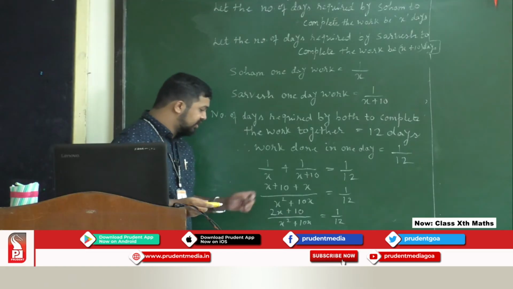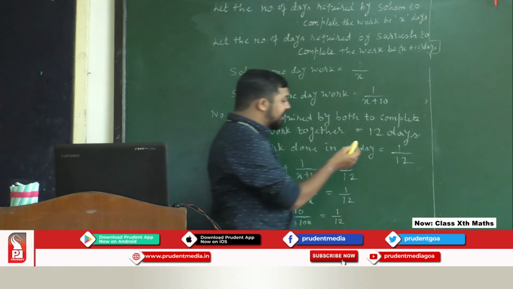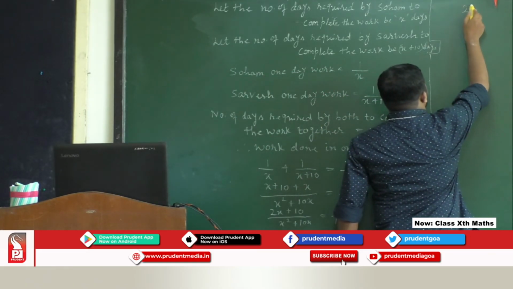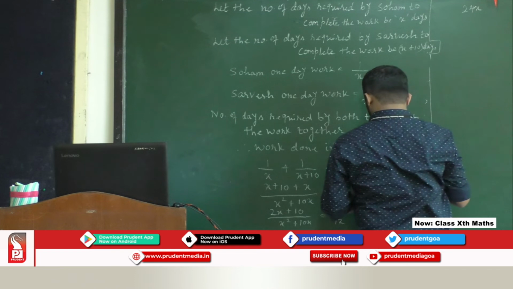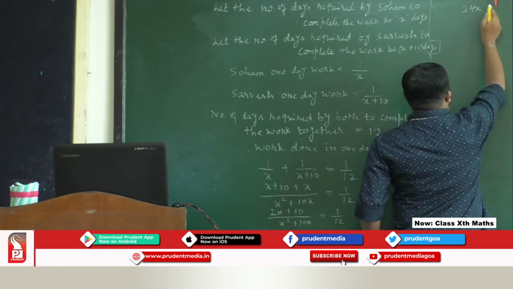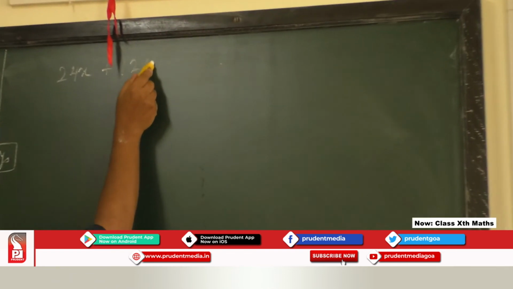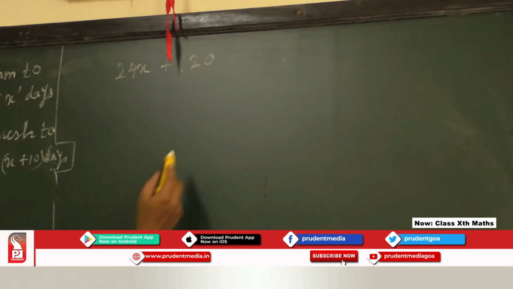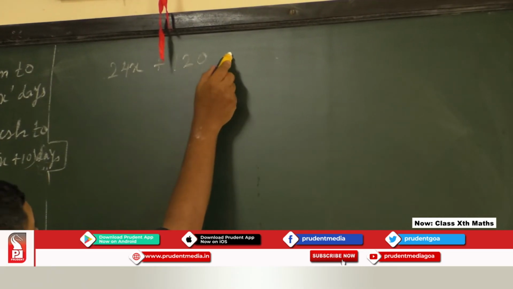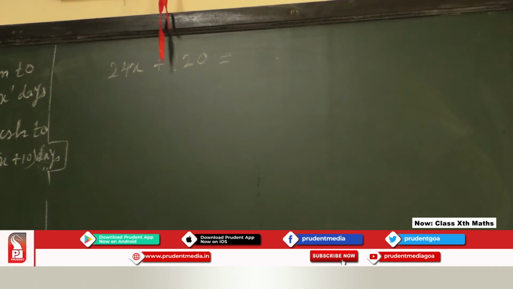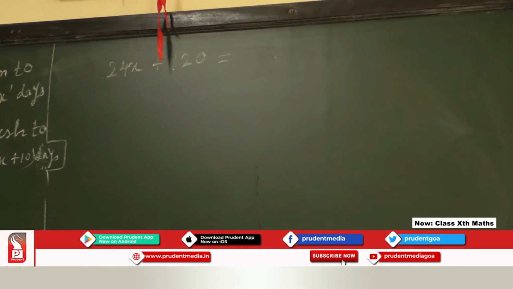Again do the cross multiplication. 12 2s are 24x, twelve tens are 120, equal to, I cross multiply here, see 12 2s are 24, 12 1s are 12, so 120 equals x square plus 10x.